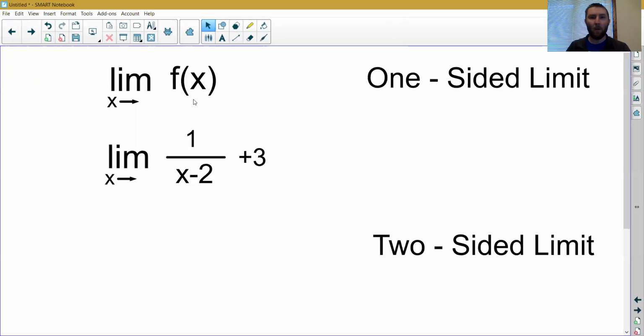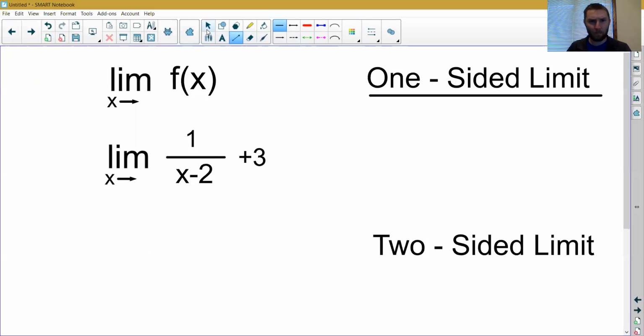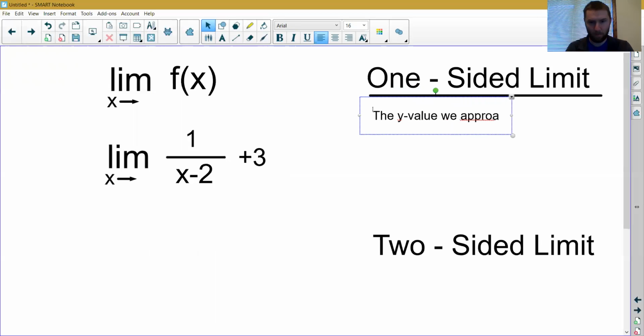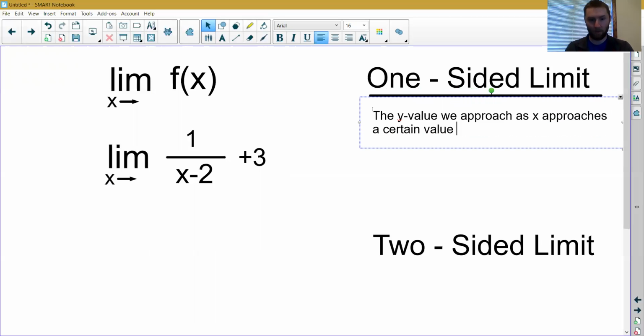Now, a one-sided limit, which we're going to talk about first, is the y value we approach as x approaches a certain value from one side.